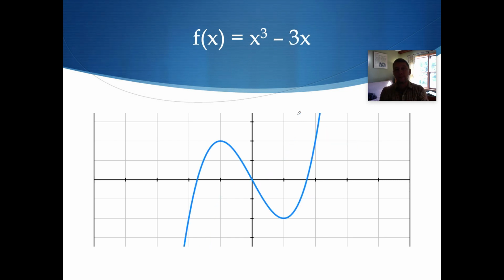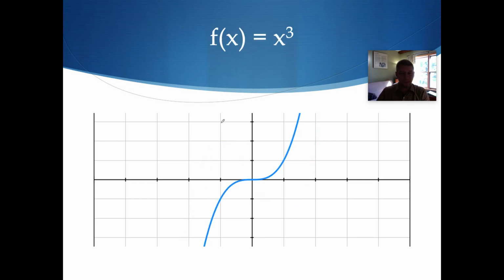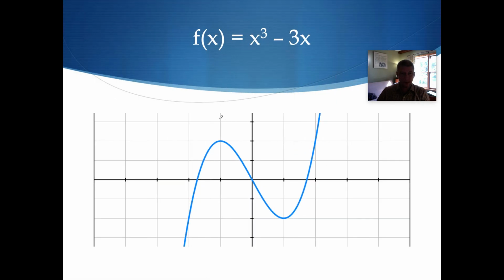Okay. Now, for the function f of x equals x cubed minus 3x, we have a different scenario here. Between negative infinity and this point, and I'll draw a dotted line here, right? Over here, we are increasing.